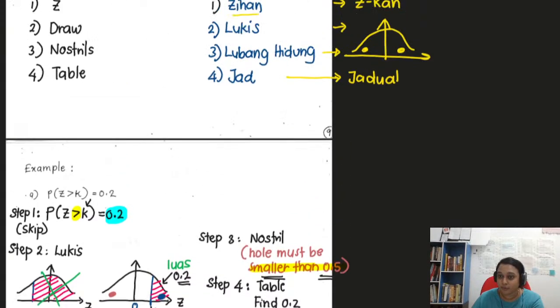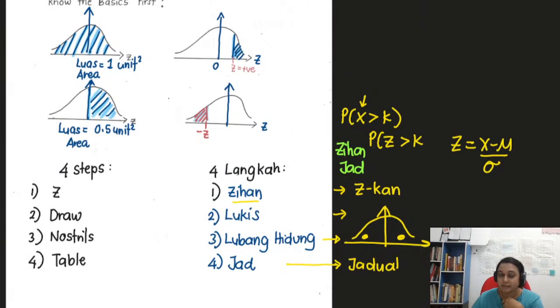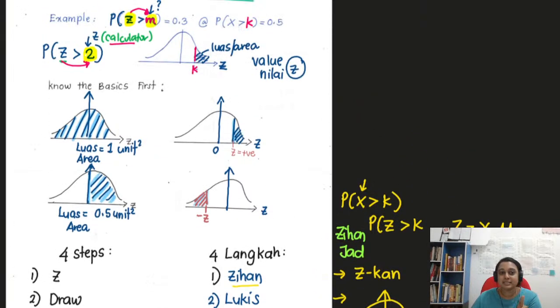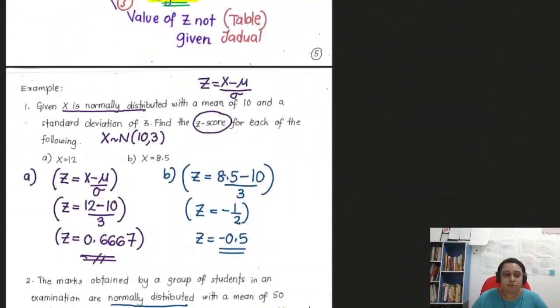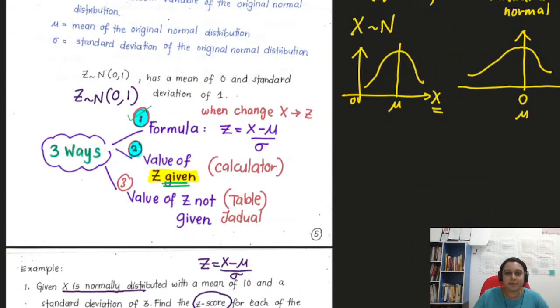If you can do without seeing teacher's video, that means you understand already fully. You must practice these two. Ini dua yang students kena practice. Mostly students will confuse this one lah. How to, bila nak guna calculator, bila nak guna table. That part students will get confused. So that's where you practice that one.